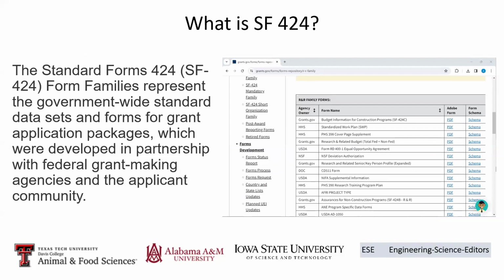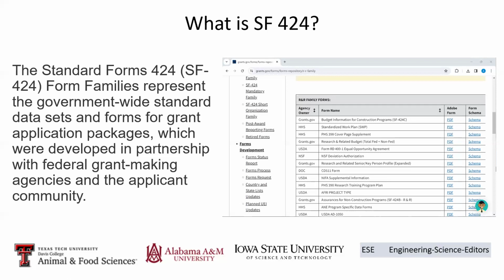It's a family of responsible government-wide standard data sets and forms that are for every application package that you might do within grants.gov. I did a screenshot of grants.gov where you can see that there is a lot of different R&R or SF 424 forms based on the agency that you have.